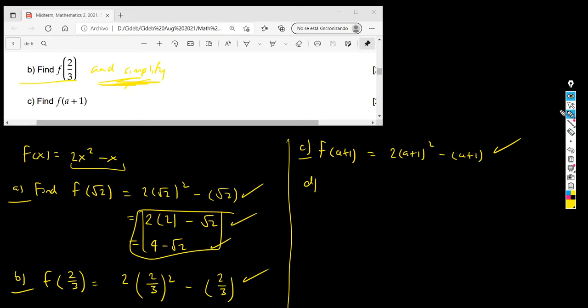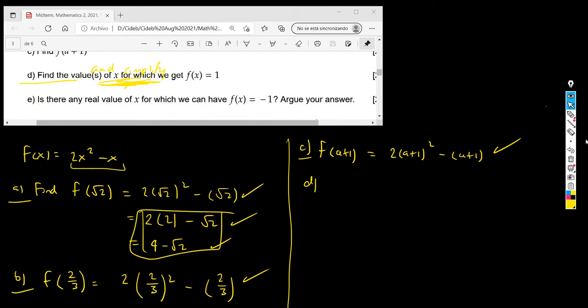D. Let's take a look at D. D tells you, find the value or values, either singular or plural, of x for which we get f of x equals 1. So this is the reverse problem, right? In here, I'm giving you the value of the output for a specific input of x.